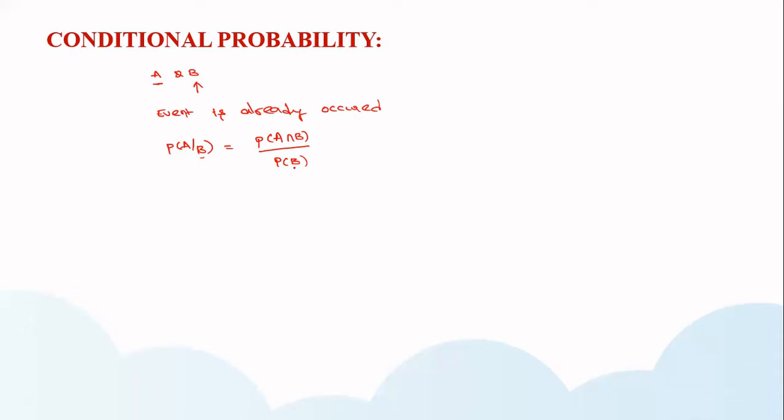Okay, you can take a simple example. Take your examinations. Event B is that the student must have attendance greater than 75%, and A is that only then are you allowed to write the exam.